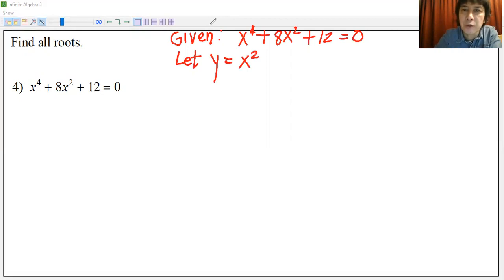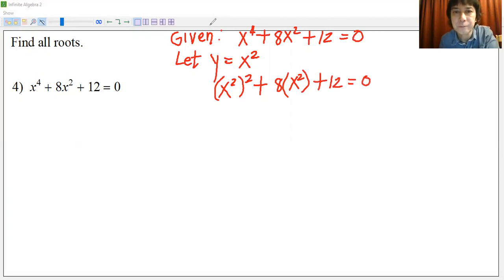And so we can now make use of our equation, x squared squared, that takes care of x to the fourth, plus 8x squared, plus 12 is equal to 0.